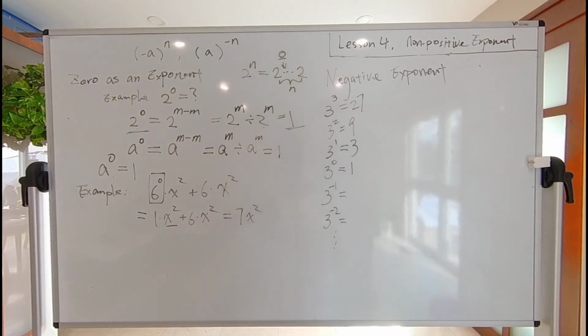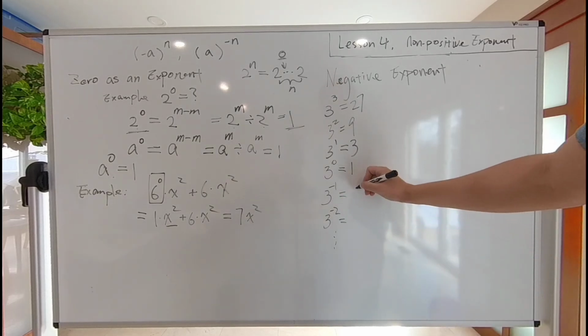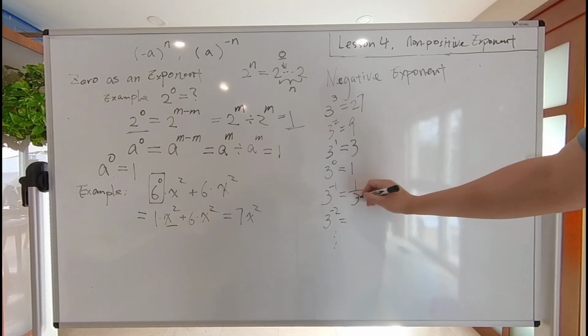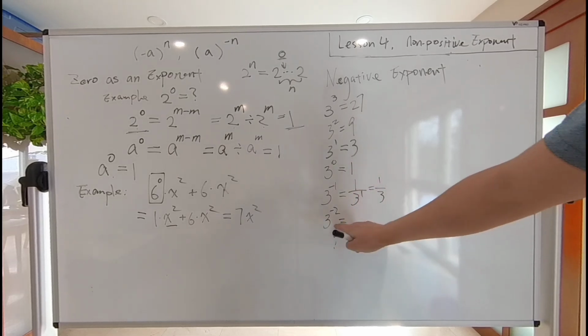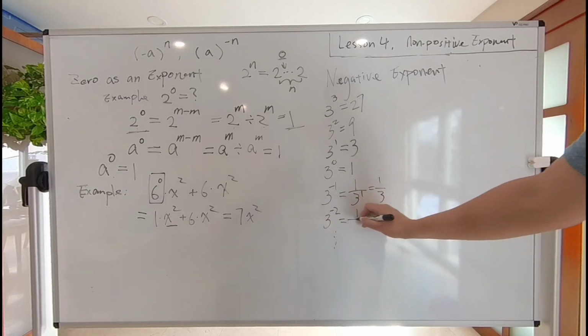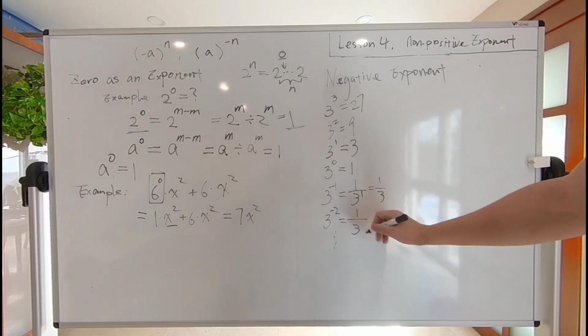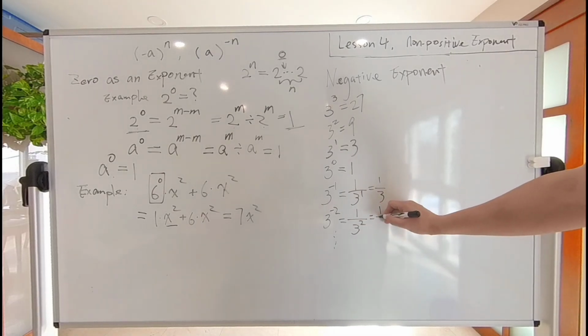So what are these values? First of all, 3 to the -1 is 1 over 3 to the power of 1, so it's 1 over 3. And 3 to the -2 is 1 over 3 to the power of 2, so it's 1 over 9.